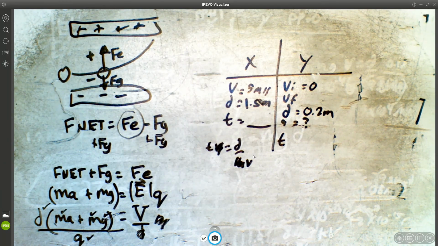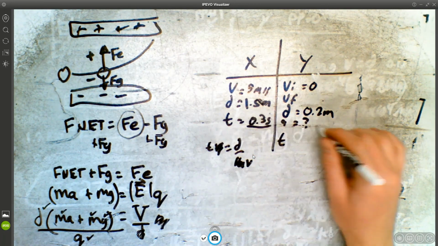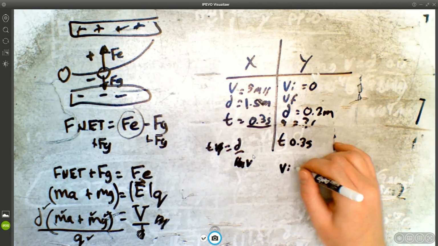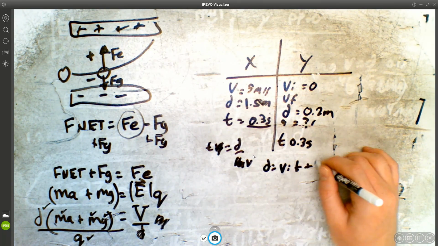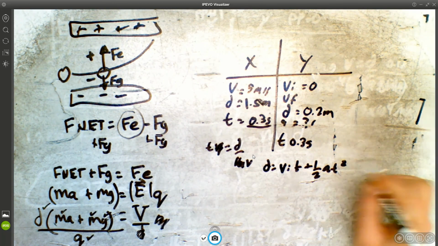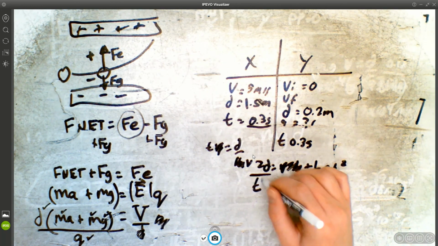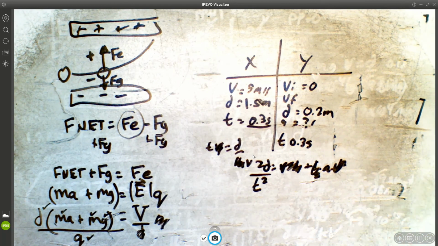So that's our time, 0.3 seconds, and then we can use d equals vi t plus 1/2 a t squared, and we can find our acceleration, move the 2 up top, t squared down below.